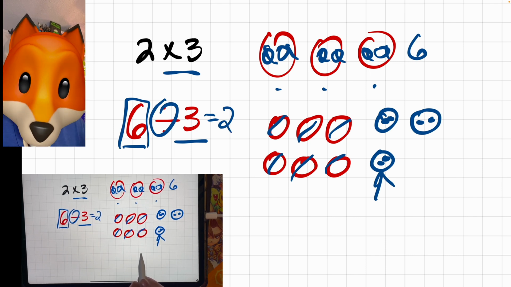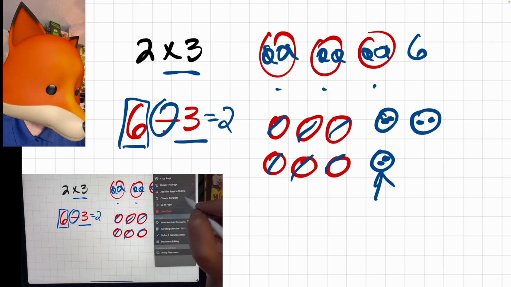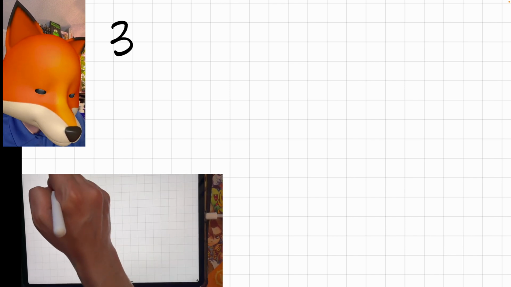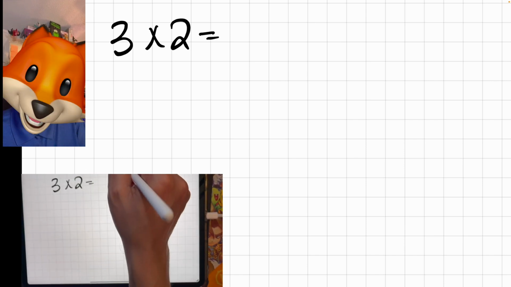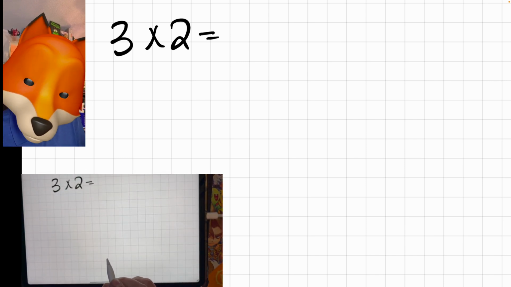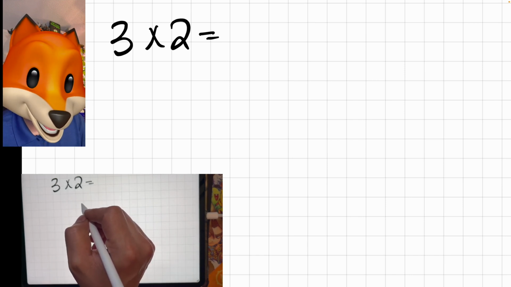But there's still one more way to look at it. So let's take another look. Mr. Rodriguez actually likes this one a little better. So let's look. 3 times 2. What this is saying is 3 groups of 2. But remember, we're going to look at it a different way this time.